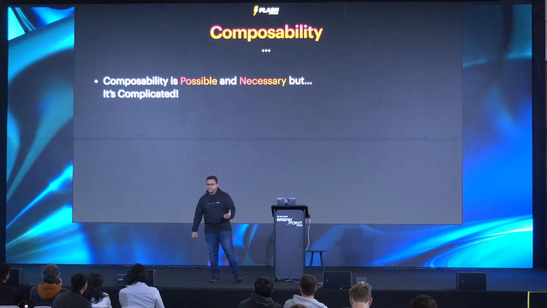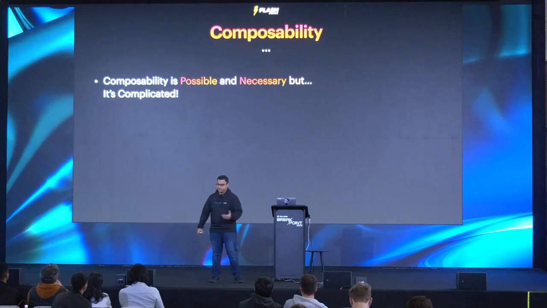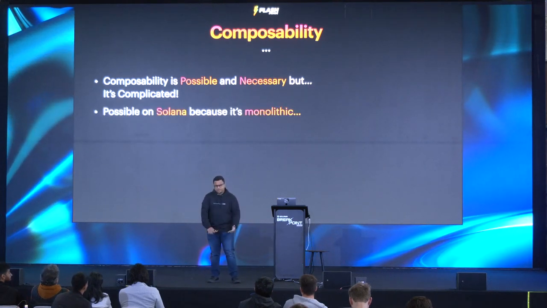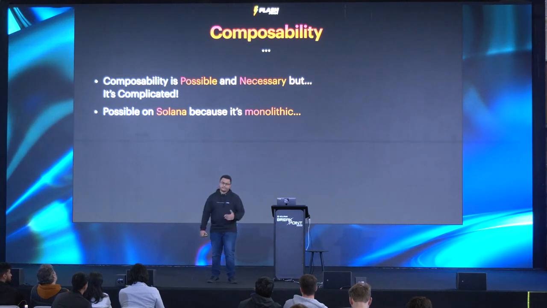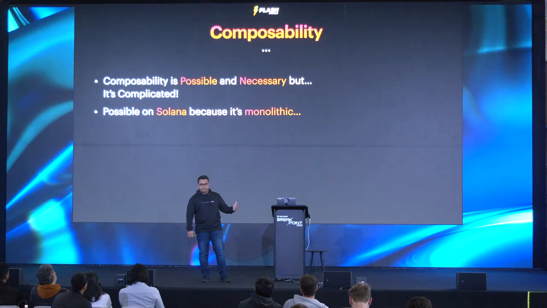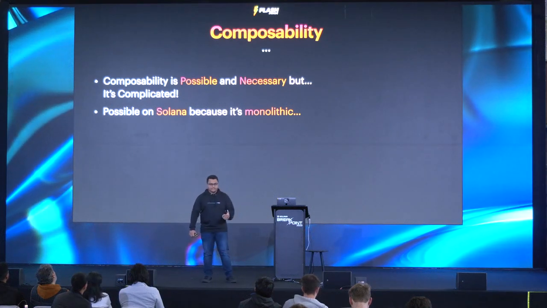Even though we use it all day, every time you're transferring a token, you're composing over a program that's already there, and you're interacting with it. It's possible on Solana because Solana is monolithic, which allows us to compose. We have a competing ecosystem, Cosmos, and the biggest trouble people building app chains there have had is the lack of composability.